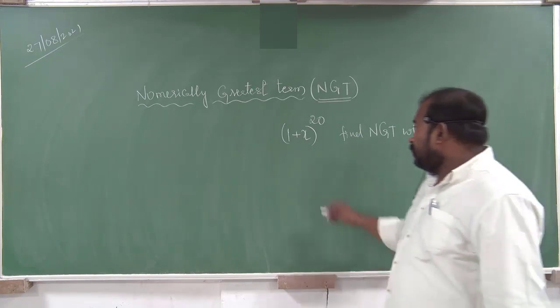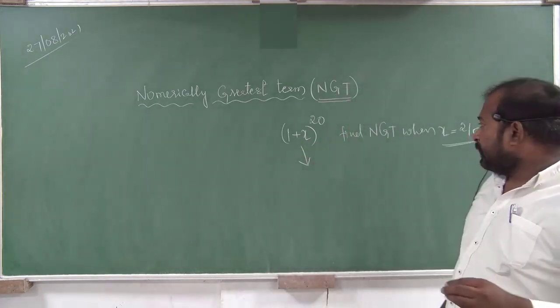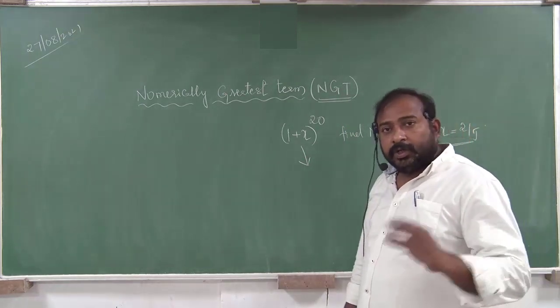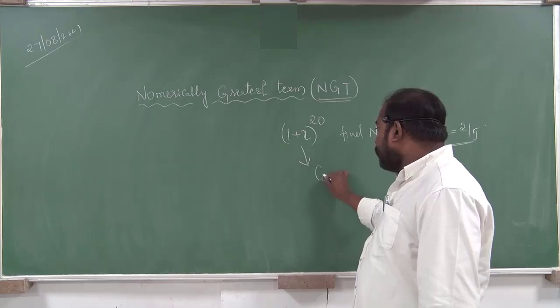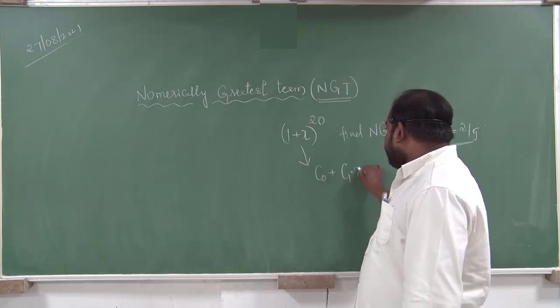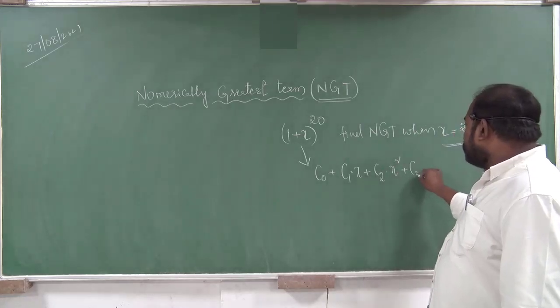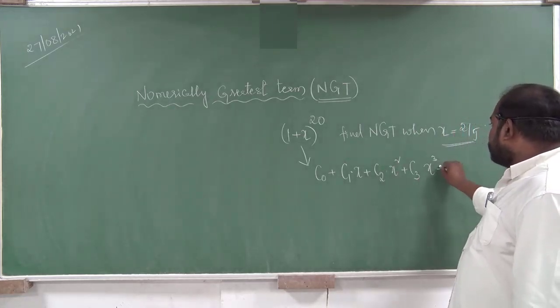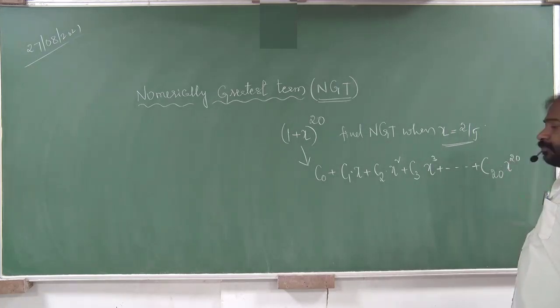In general, you can do the expansion for this one, (1+x) whole power 20. If you do the expansion, what is the value? C0 plus C1 x plus C2 x squared plus C3 x cubed plus, and so on, up to C20 x power 20.